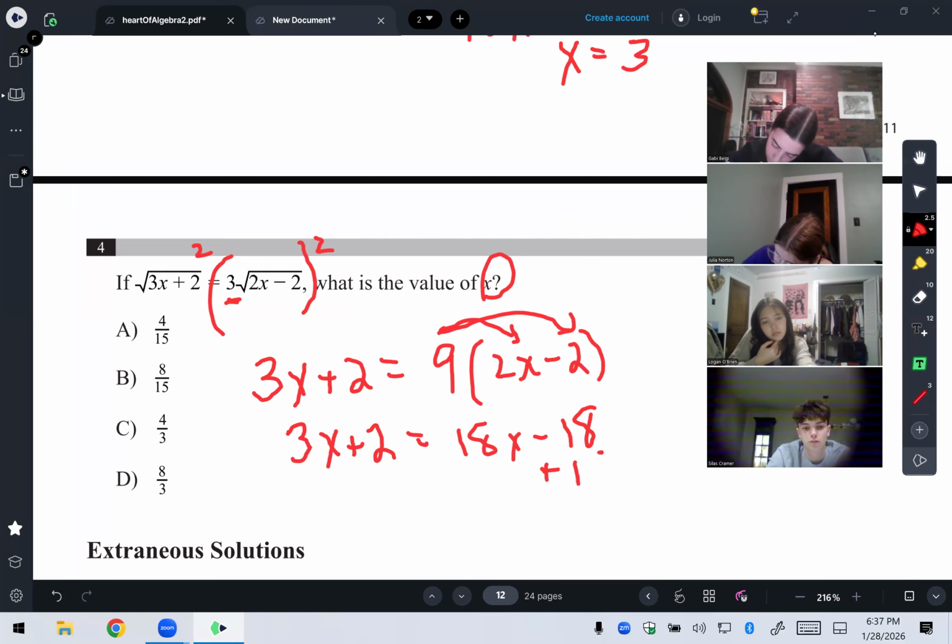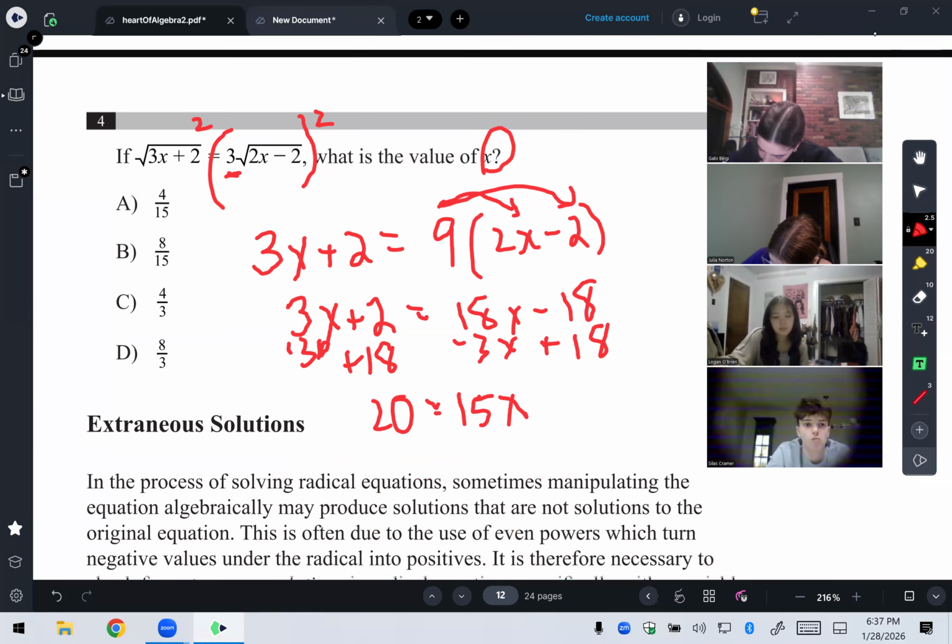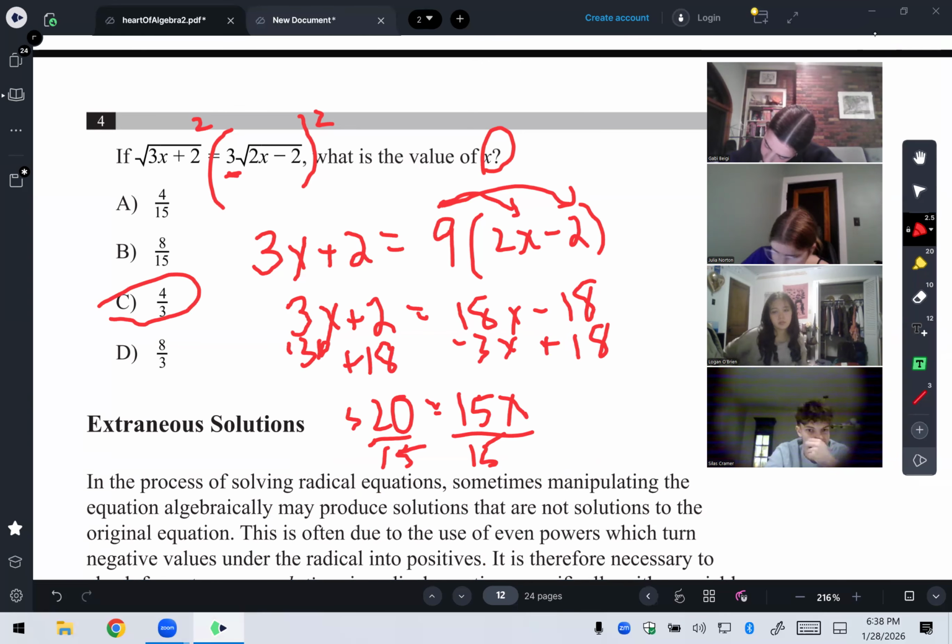Add 18 to both sides. I'll get 20. Subtract the 3x. 20 is 15x. Divide both sides by 15. I don't panic. I reduce the fraction and I get 4/3, dividing by 5.